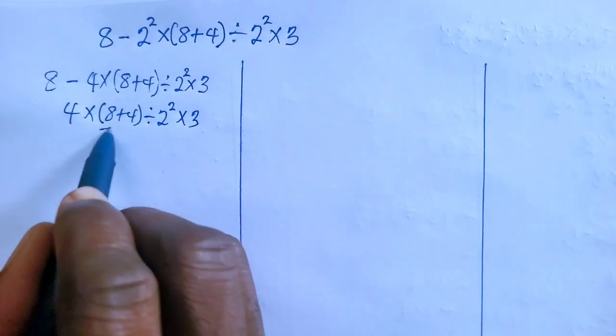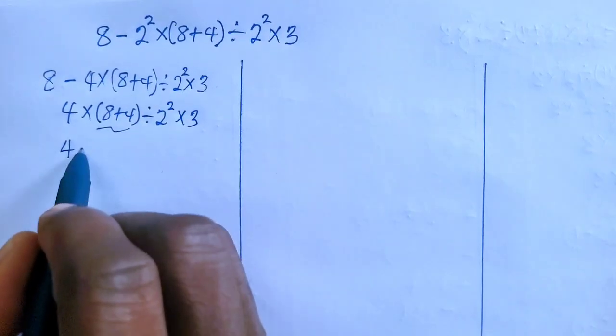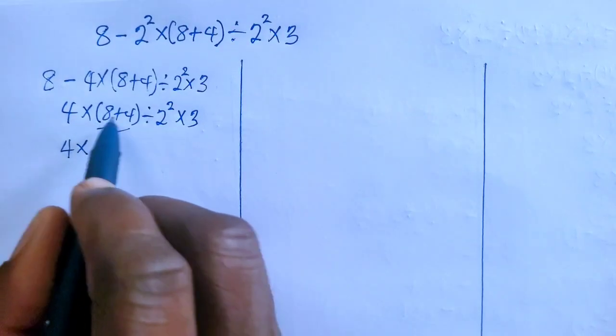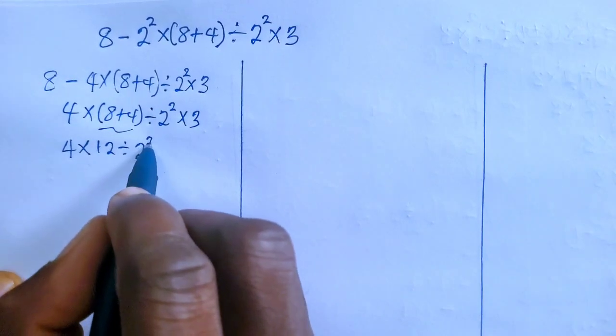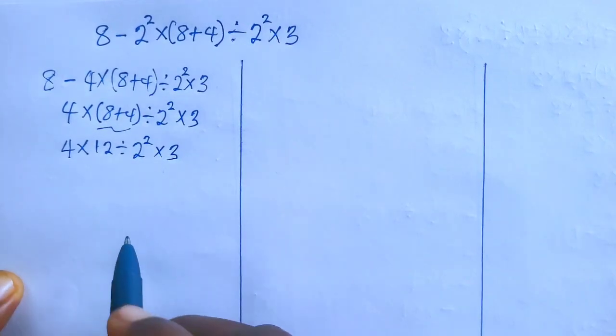Then they consider 8 minus 4, that gives 4, multiplied by 8 plus 4 divided by 2 to the power of 2 multiplied by 3. Next, they consider 4 multiplied by 8 plus 4, that gives 12, divided by 2 to the power of 2 multiplied by 3.